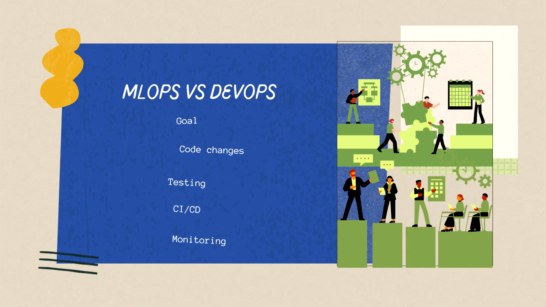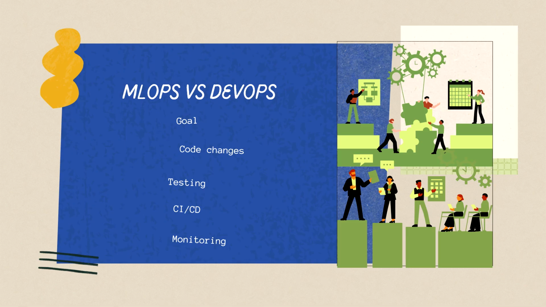And when it comes to continuous integration and continuous delivery, DevOps uses CI/CD tools for application releases, whereas in the case of MLOps, it is for the model, and also training and deployment.